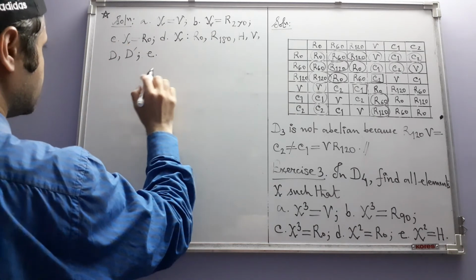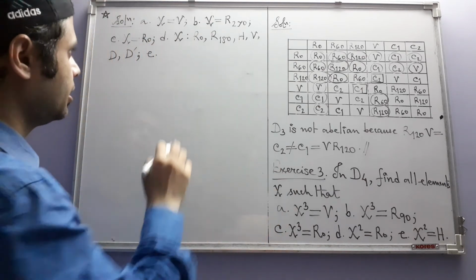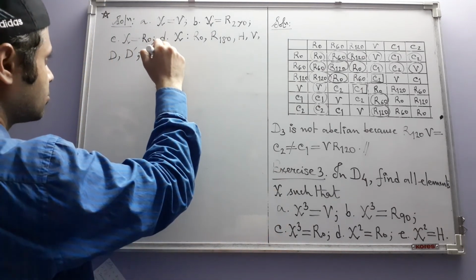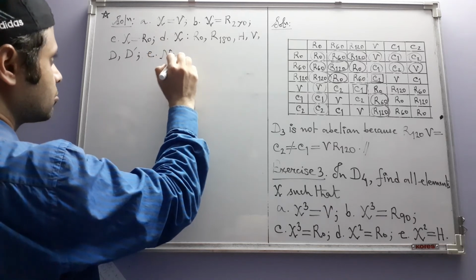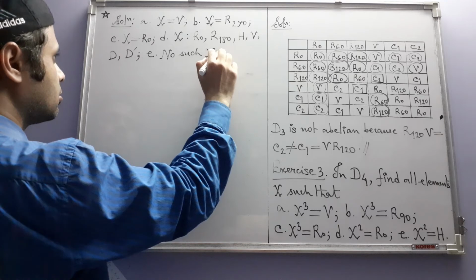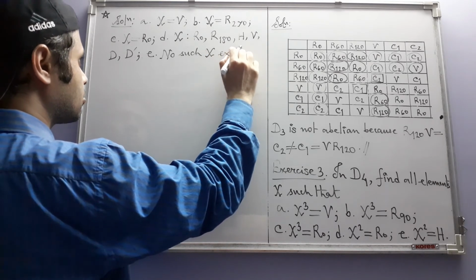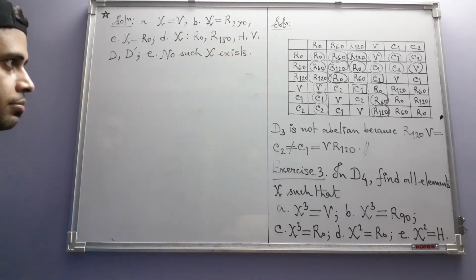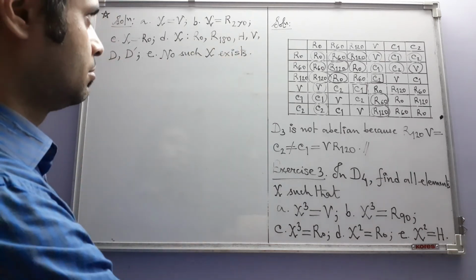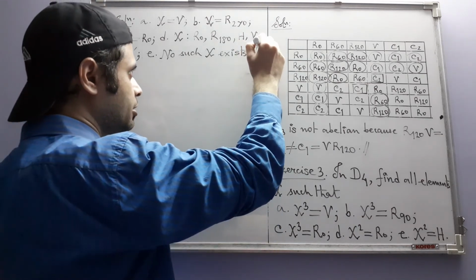And for E, there is no x whose square equals H. No such x exists. Okay, so the solution ends here.